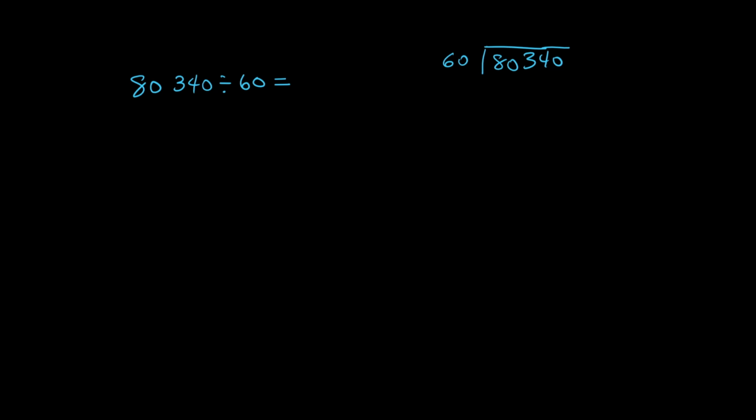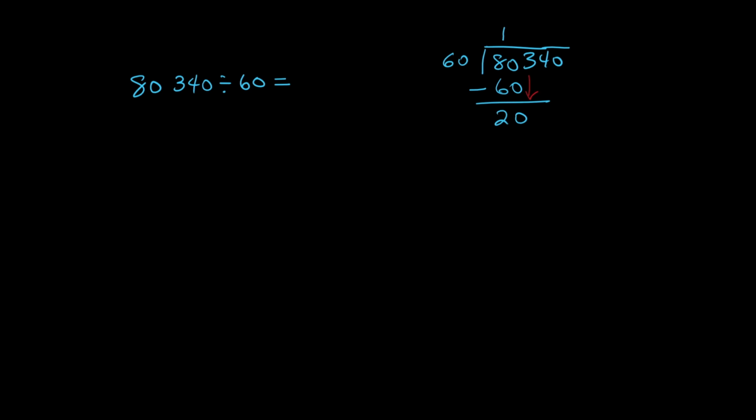So how many times can 80 be divided by 60? That'll be 1 times. 60 times 1 will be 60, and 80 subtract 60 is 20. Now, because we cannot divide 20 by 60, we need to make a copy of our 3.